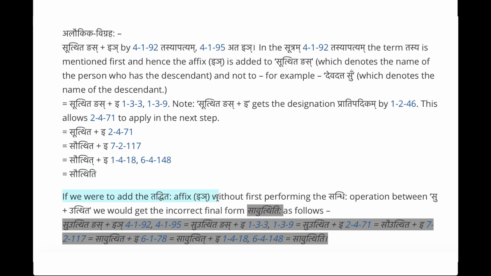Now if we were to add the Tadhita affix without first performing the sandhi operation between Su plus Uthita, we would get the incorrect final form Savuthitihi as follows.